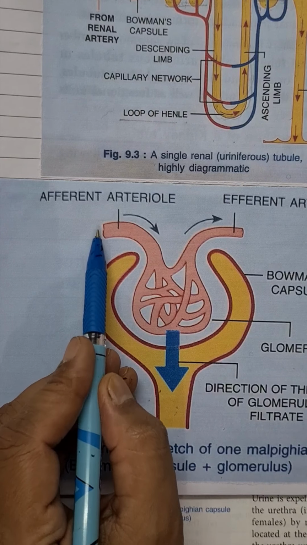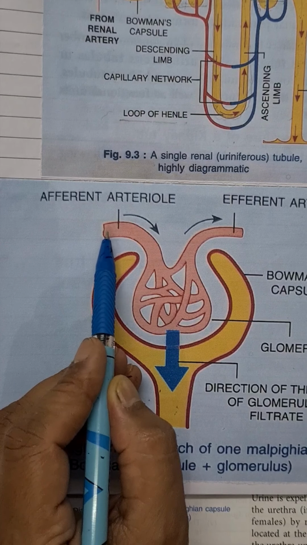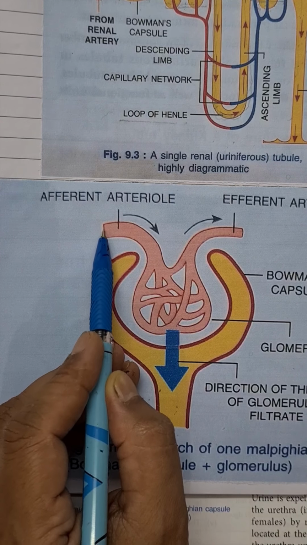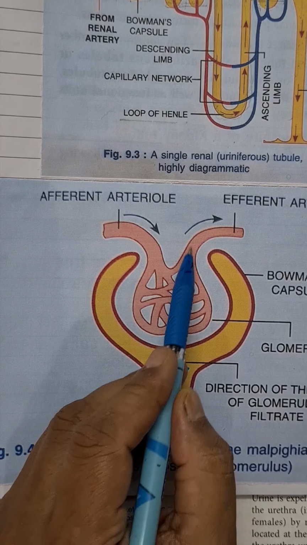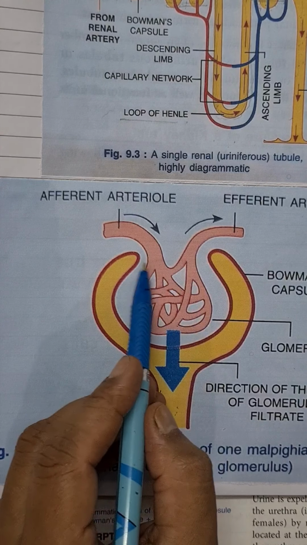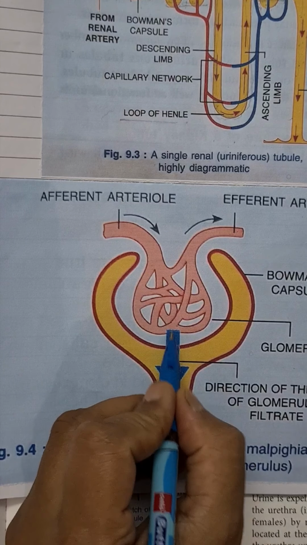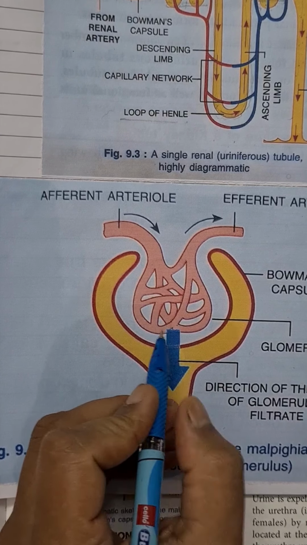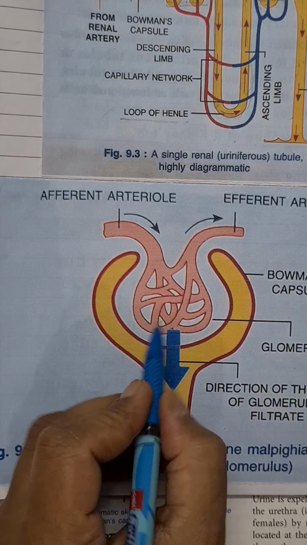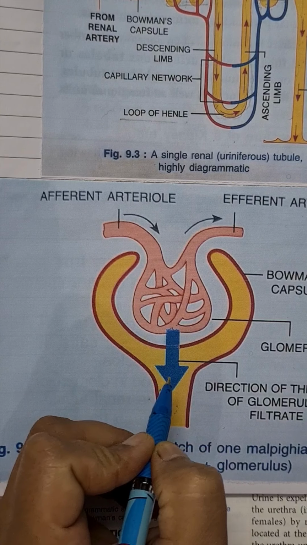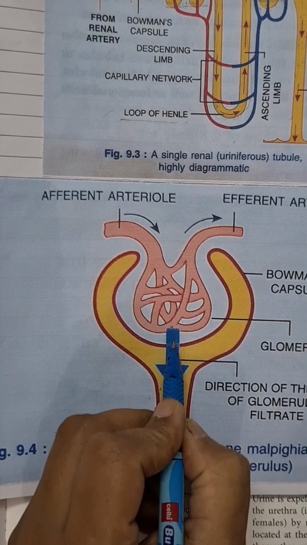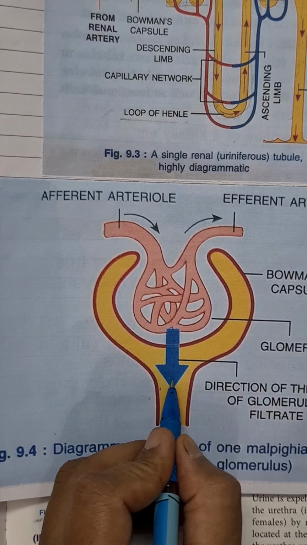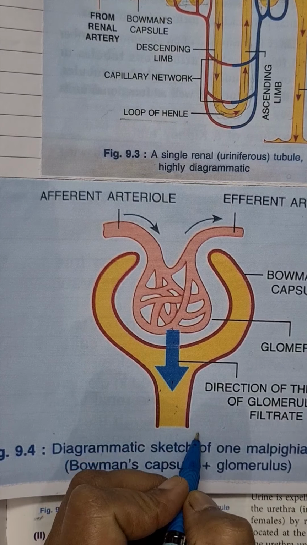So due to the wide diameter of the afferent arteriole, more blood flows towards the glomerulus, but less is moving out. This blood creates force, and due to that force, most of the liquid part of the blood oozes out from the walls of the capillaries of the glomerulus and runs into the Bowman's capsule.